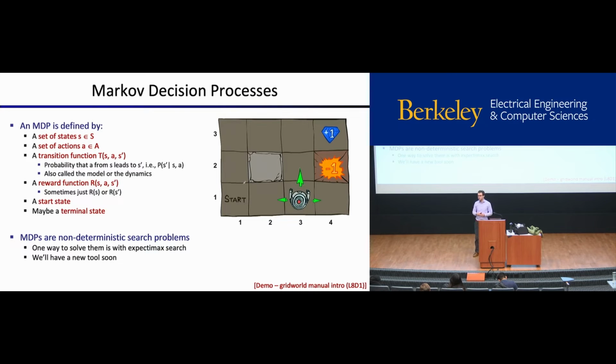The way to think about T is that it's a probability distribution. It says for each state and action, if I'm in that state and I take that action, what's the probability distribution over all the next states that I might find myself in? That's what T is. It's like a successor function, but now it handles these probabilities.